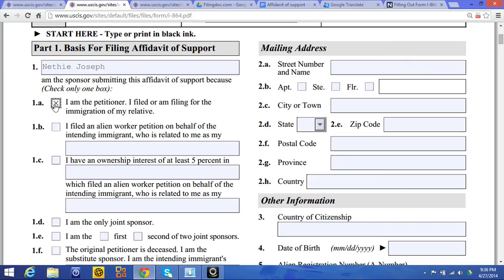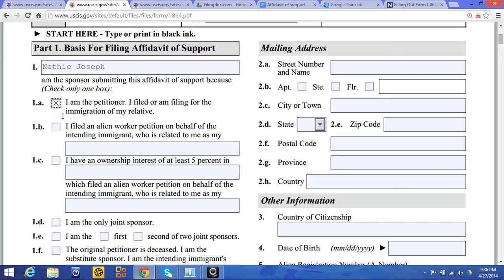By petitioner, we mean the U.S. citizens or permanent resident who request USCIS a green card, which we also call permanent resident, for your relatives. This relative can be a fiancé, husband, wife, child, sister, brother, parent.